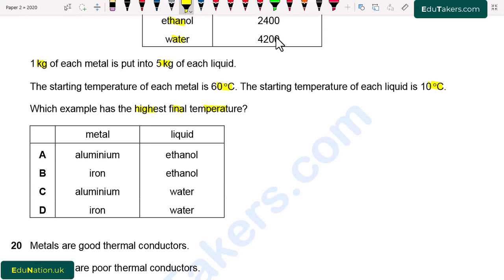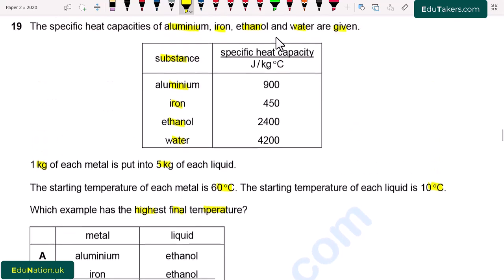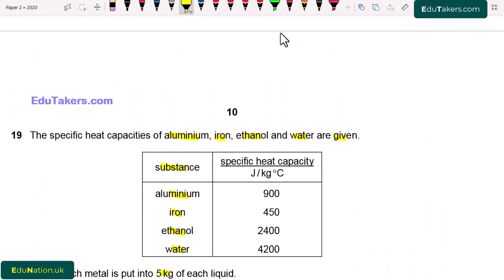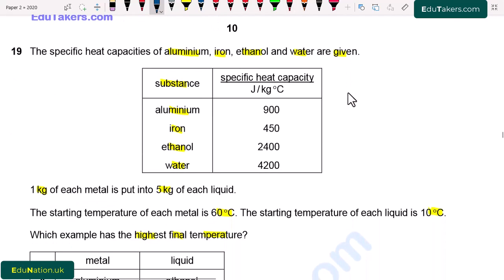In order to find the final temperature, first of all, I find out the energy that is absorbed by these. So I write here Q, that is the heat for aluminium, equal to mcΔT, where mass is 1 kilogram for each metal, as given here.